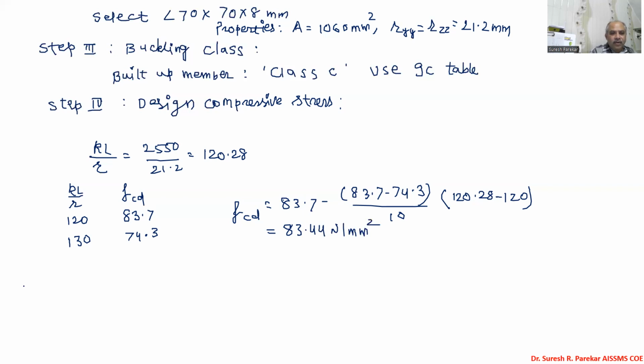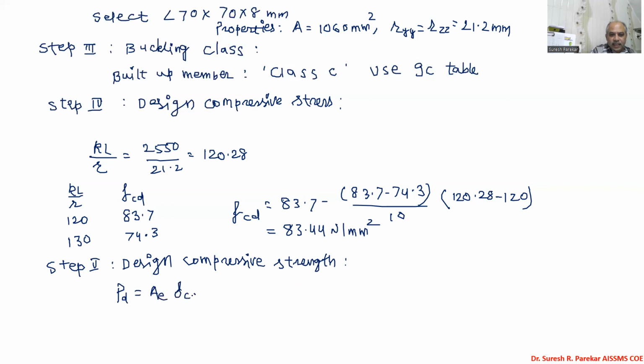And the last step, step 5, design compressive strength. PD equal to AE into FCD.